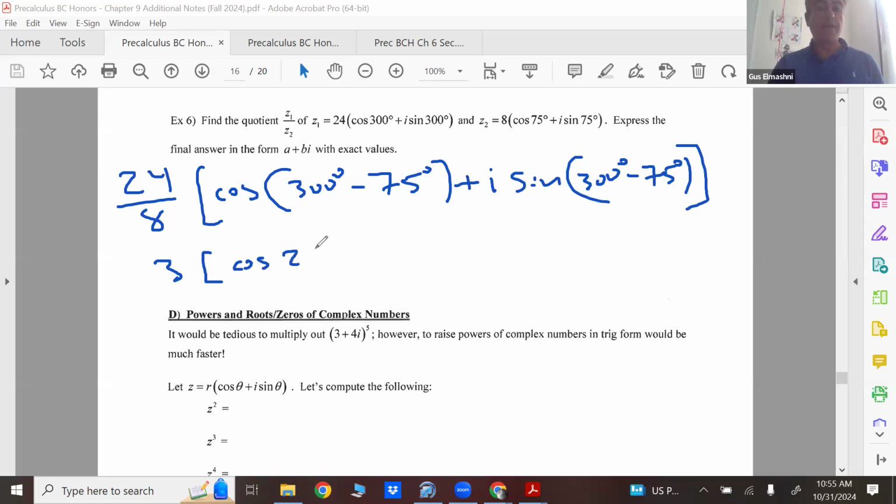Because now we're dividing. If you were to go through the derivation, you'd see that. So I'm doing 3 at minus 75 now.